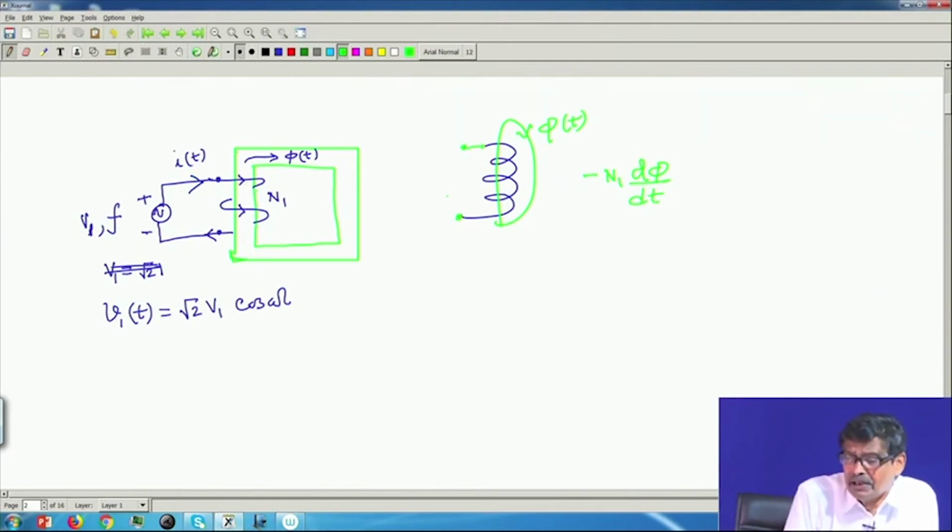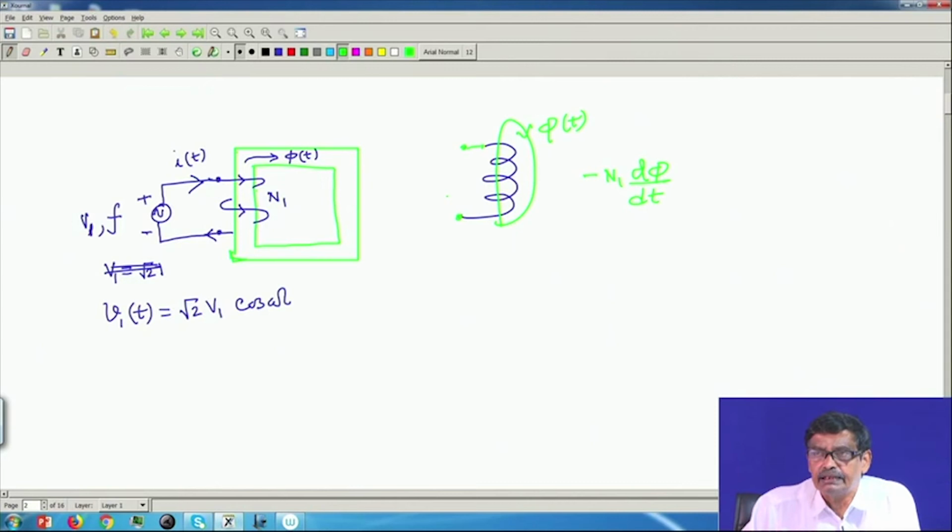Faraday says if there is a rate of change of flux linking a coil, it is time varying, then between these 2 points it will become a seat of EMF.